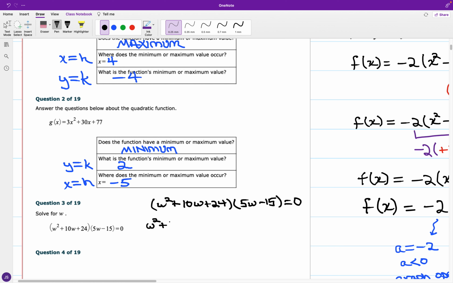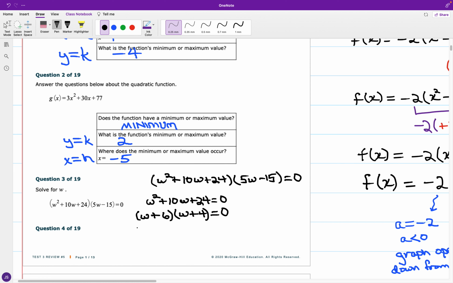So the first item is a quadratic equation: w squared plus 10w plus 24. Again, we can go ahead and set this to 0. I can factor this trinomial into w plus 6 and w plus 4, and follow through with the zero product property.